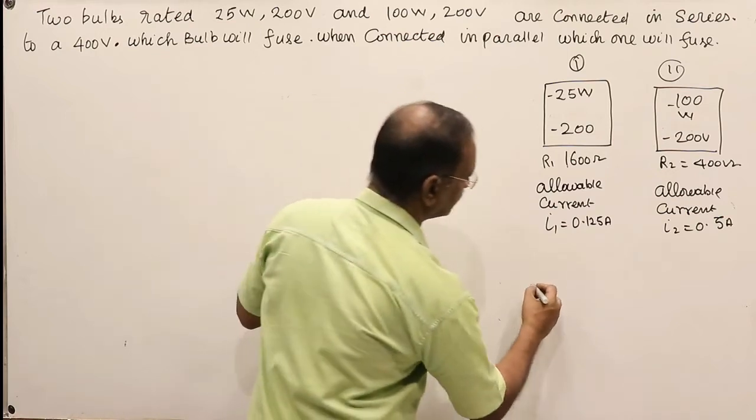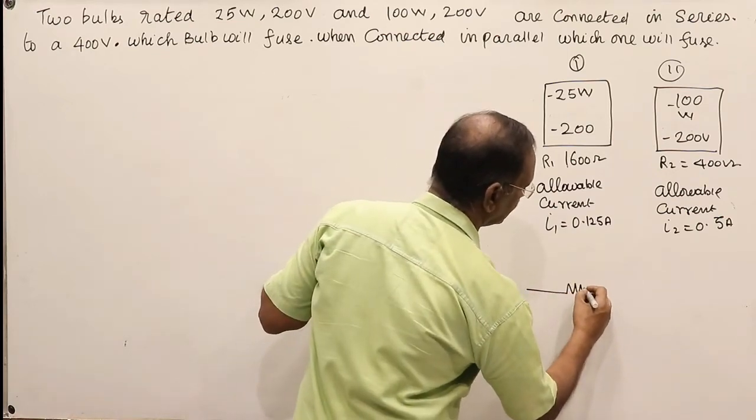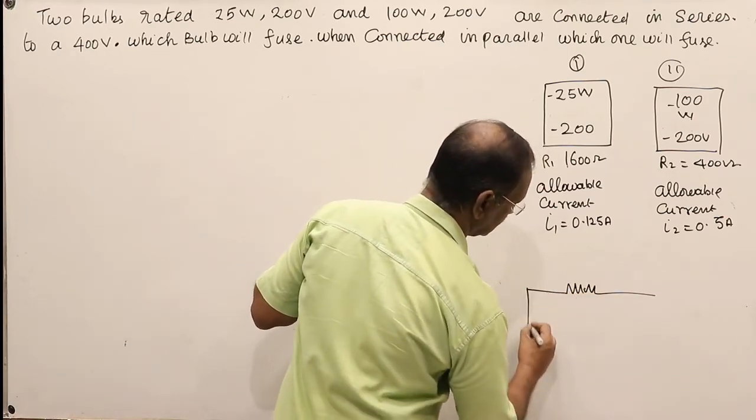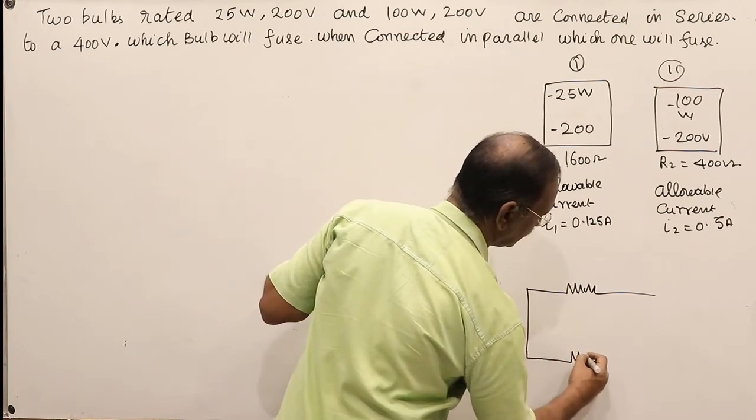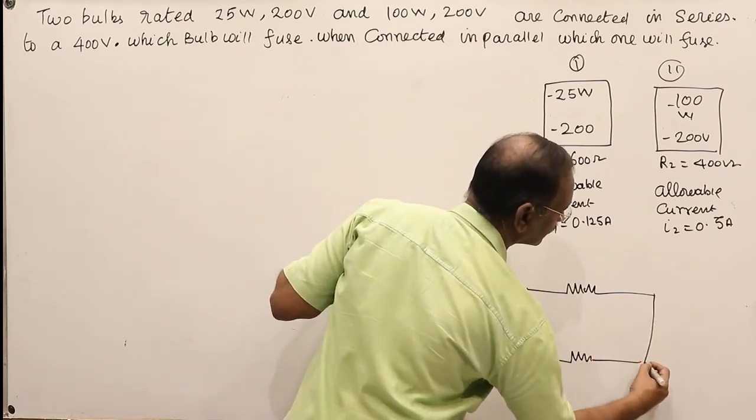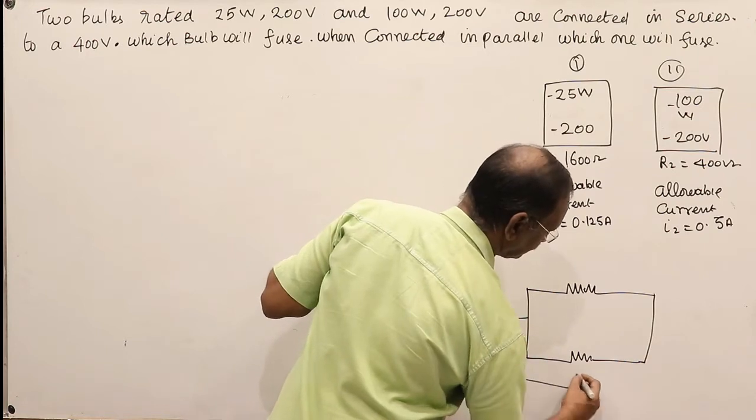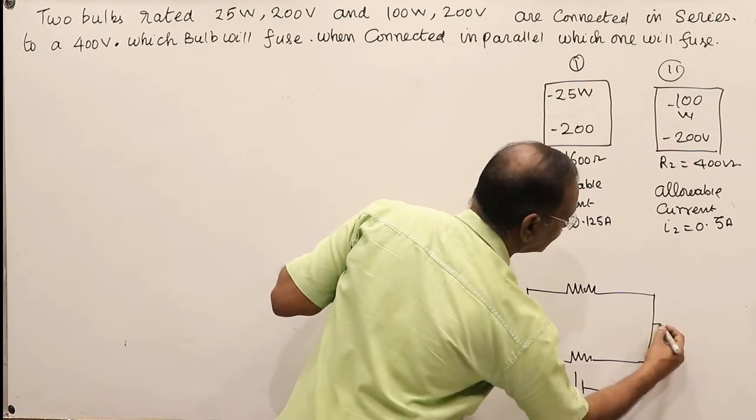Let us draw it as a parallel connection, first one and second one connected to 400 volt.